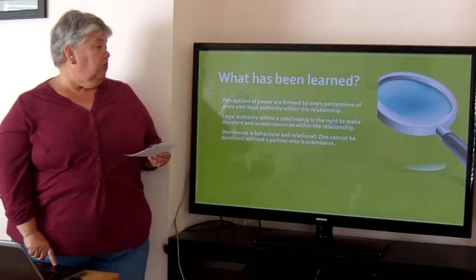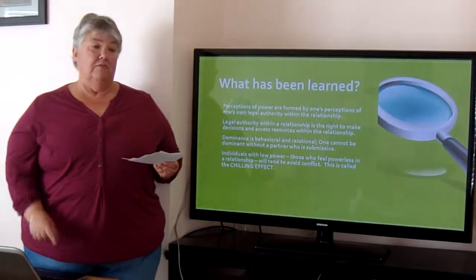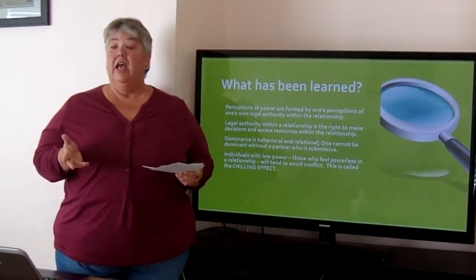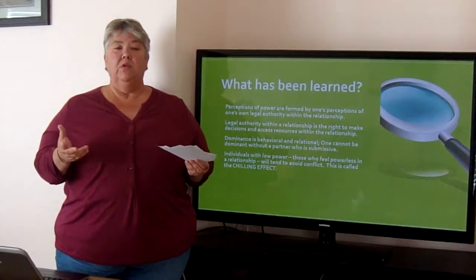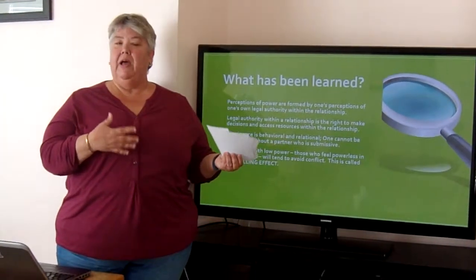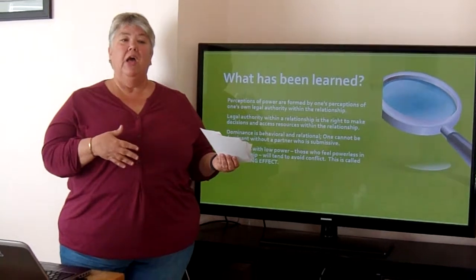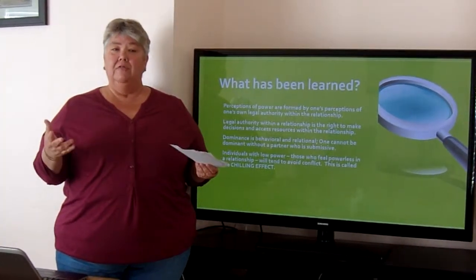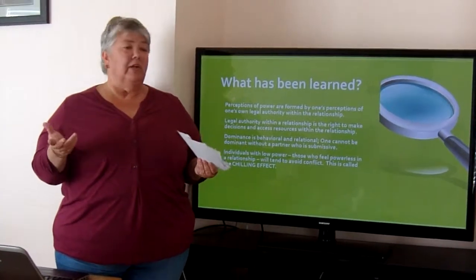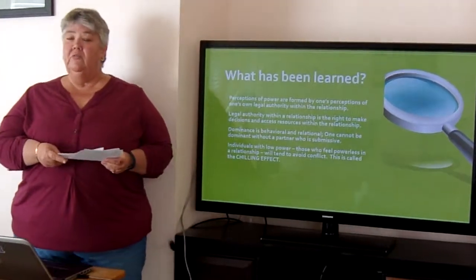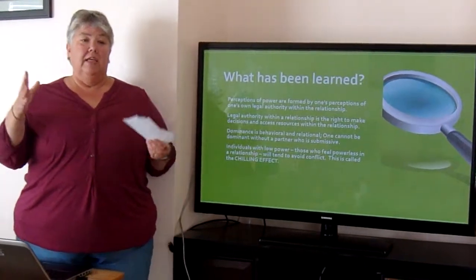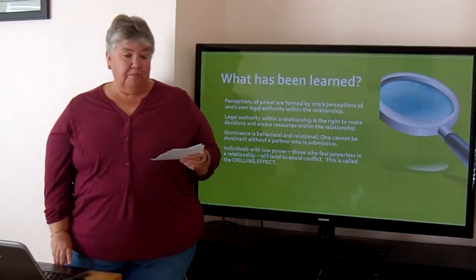Now, DPT research has also shown evidence of what's called a chilling effect. And that is what happens when the low power partner, the powerless partner in a relationship, will tend to avoid conflict. And so that's an important consideration when we look at relationships with an unequal balance of power.